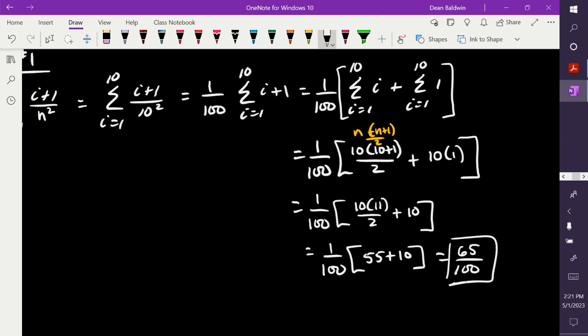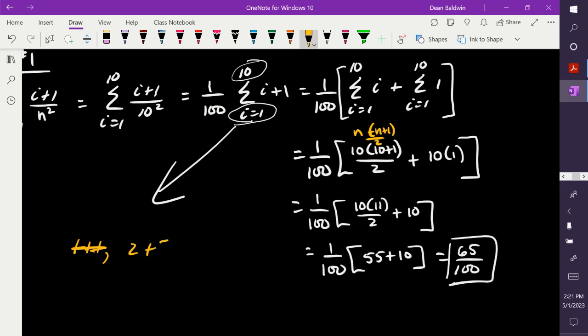Can you re-explain what the sigma means? It means you're adding up all the terms from this bottom term to this top term. So you plug in i equals 1. So instead of doing this, you could do this. You put in i equals 1, so it's going to be 1 plus 1, that's 2. Then you put in i equals 2, so plus 3.